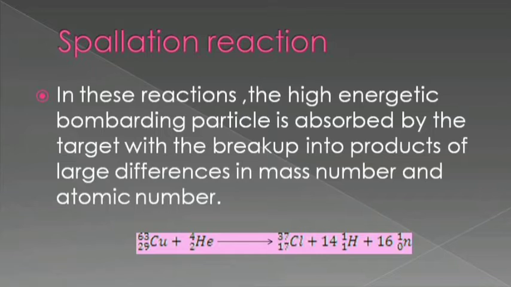For example, copper 63 (atomic number 29) is bombarded with alpha particle to give Cl 37 (atomic number 17). There is a large difference in atomic number and mass number of copper and chlorine, and the rest of the mass and charge is eliminated in the form of protons and neutrons.